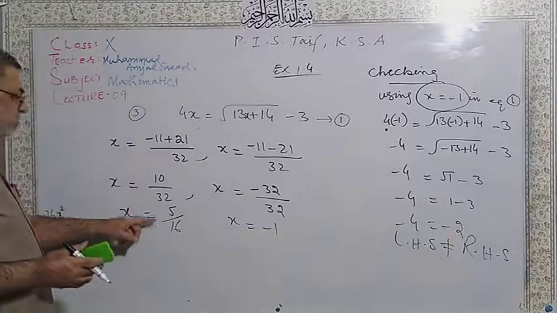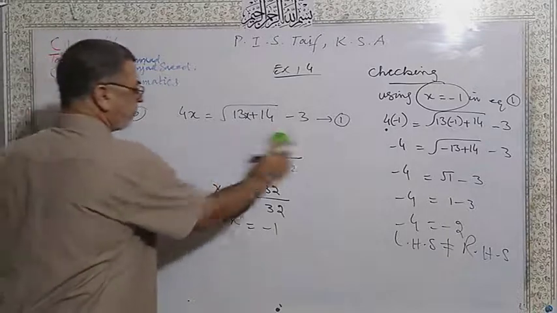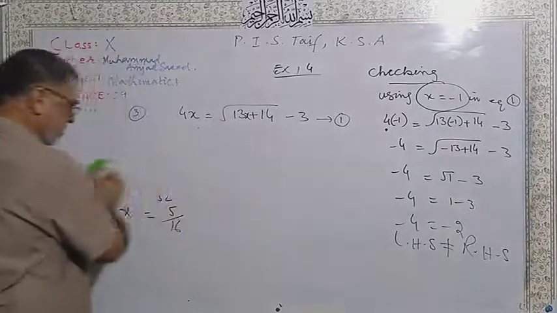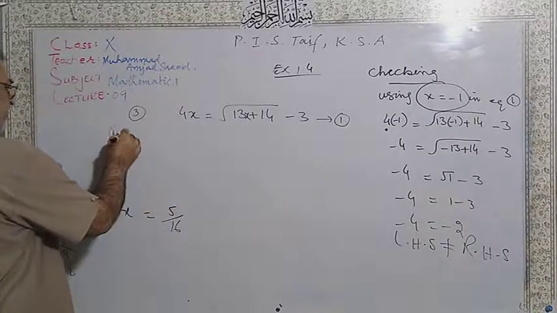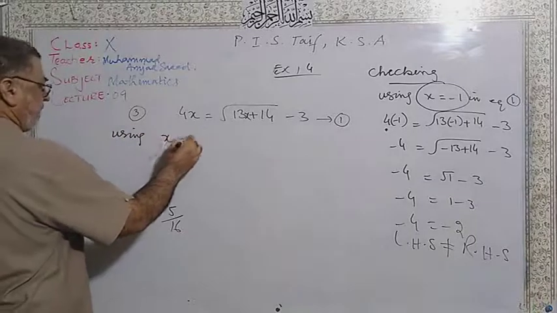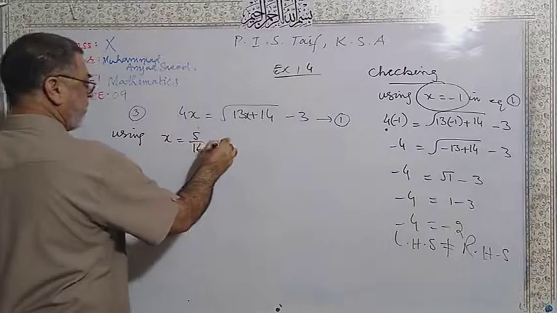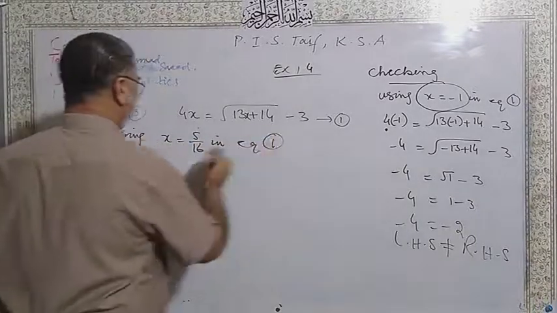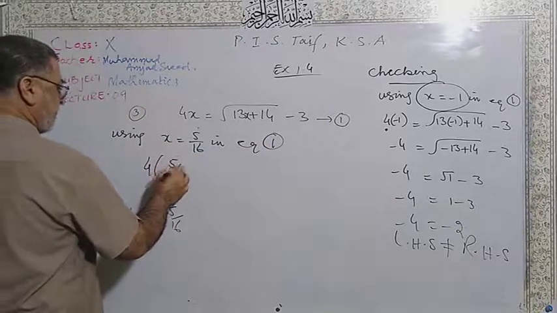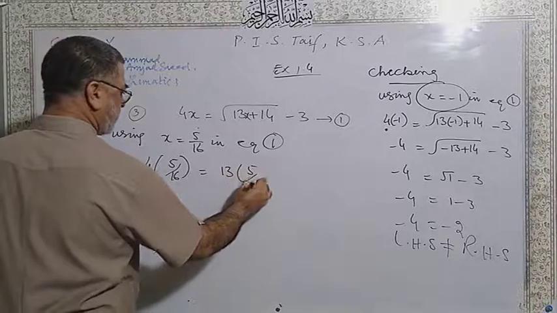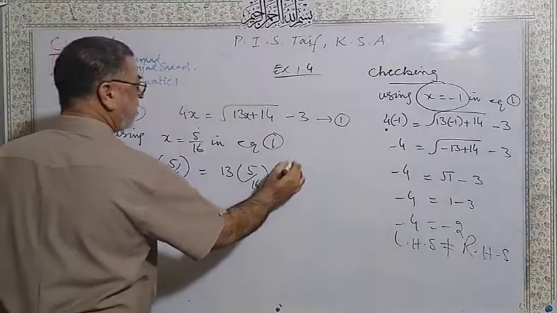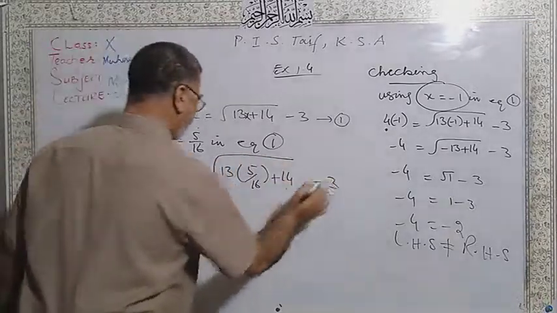Similarly, we will apply the value x is equal to 5 over 16 in equation 1. 4 into 5 over 16 is equal to the square root of 13 into 5 over 16 plus 14, minus 3.